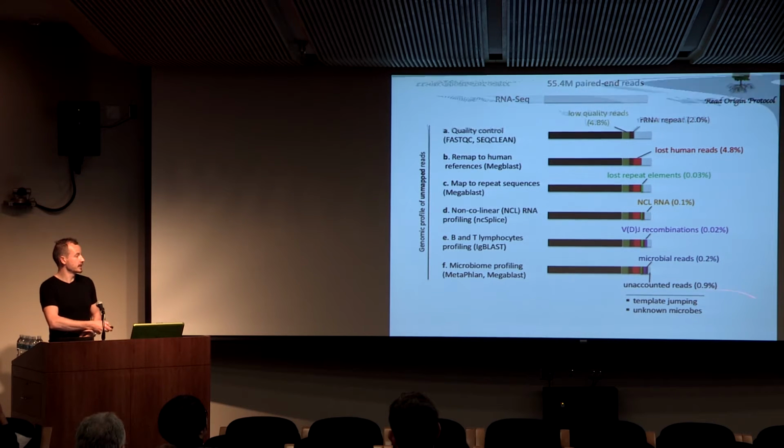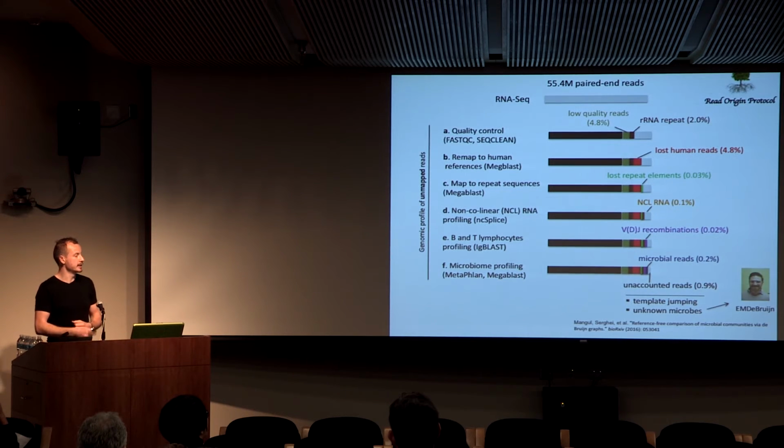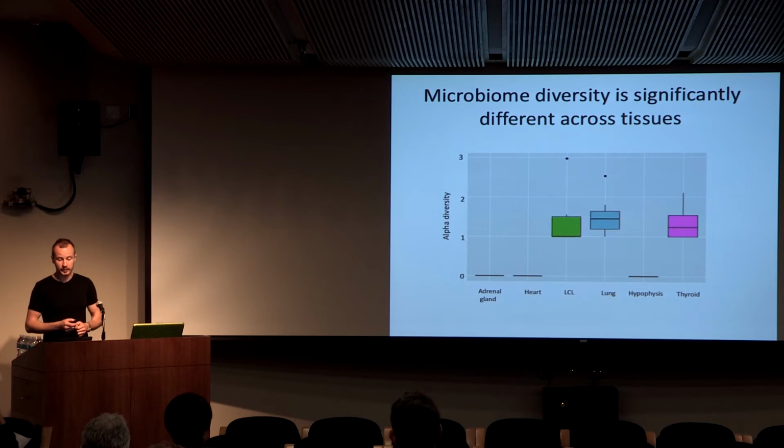There might also be some unknown microbes, where we designed a method of condensing the k-mers into the de Bruijn graph and then comparing the sequence structures directly between the samples, which allows you to compare the microbiome in a reference-free way.